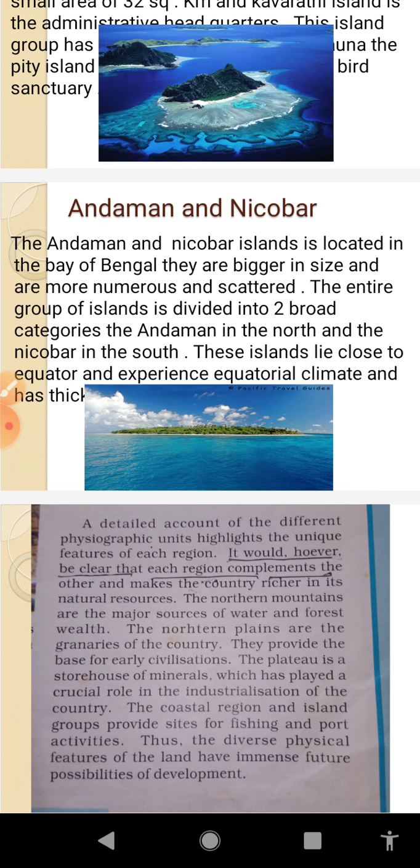Thus, we can say that all these physiographic features, the landforms we are getting, have given our country immense future possibilities of development.